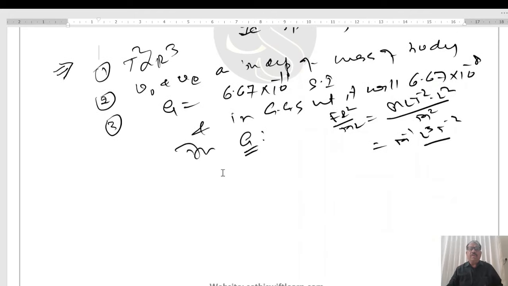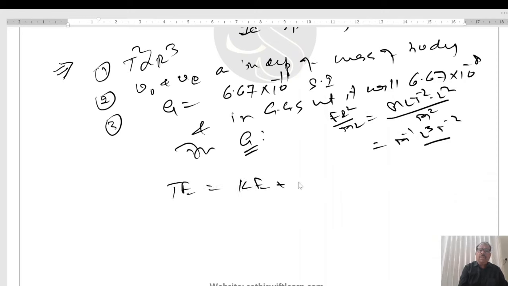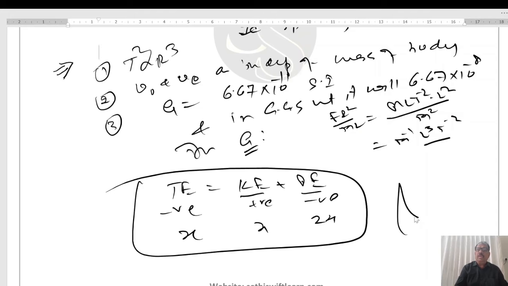Also, when a satellite is launched, total energy equals kinetic energy plus potential energy. So total energy is always negative, potential energy is always negative, and kinetic energy is always positive. If this is x, this will be 2x, this will be x, magnitude-wise, right? These are the additional informations which will be very useful. Next question.